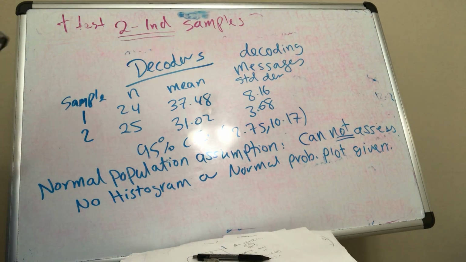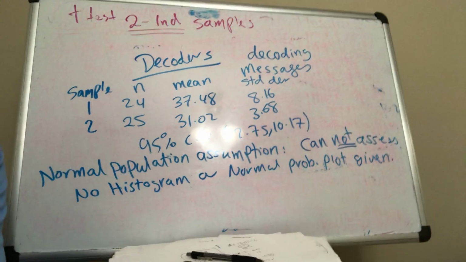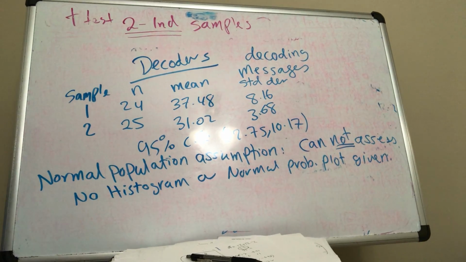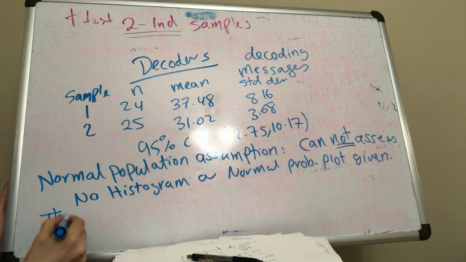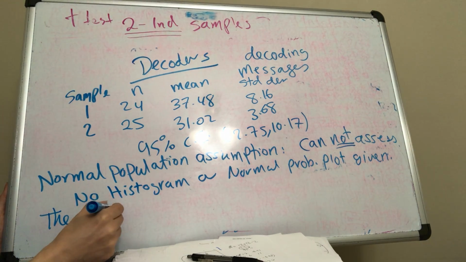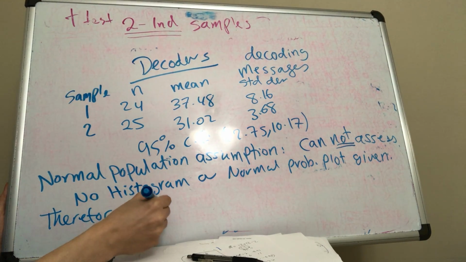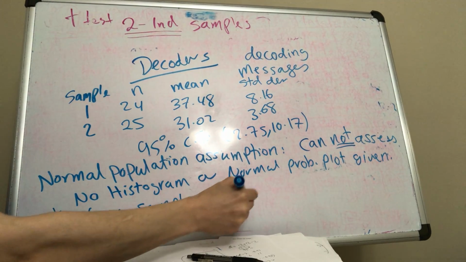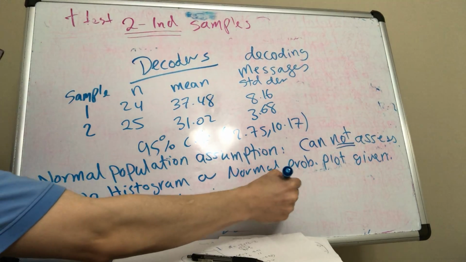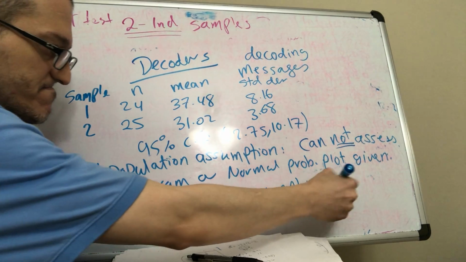In this case, since you don't have a normal probability plot given, then you have to mention that, therefore, the sample size assumption must be checked.